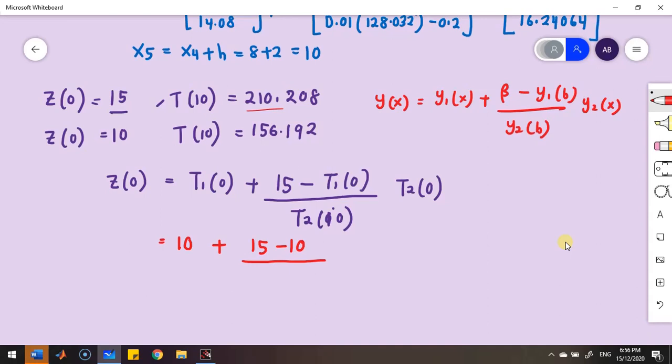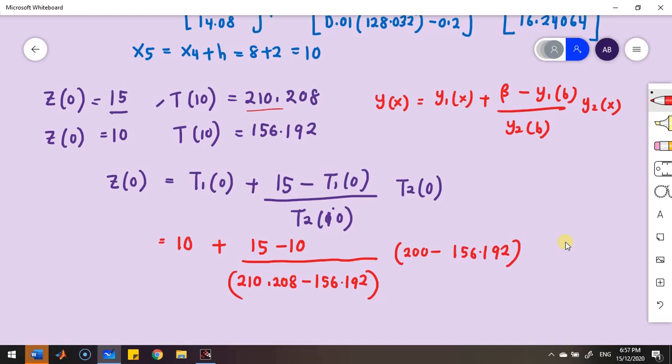So we have 210.208 minus 156.192, multiplied with T2, given the given condition will be 200 minus 156.192.